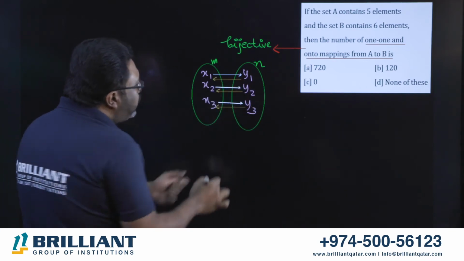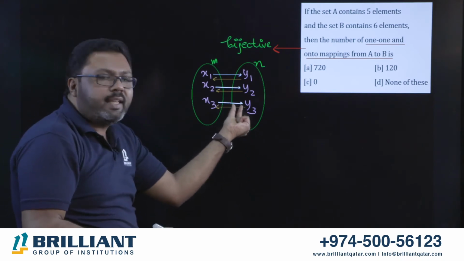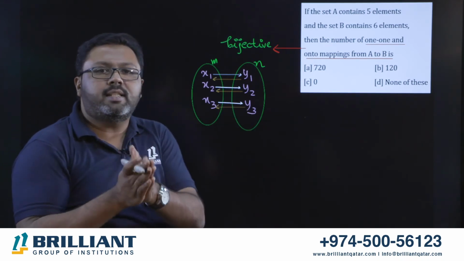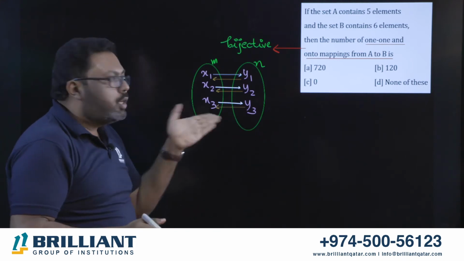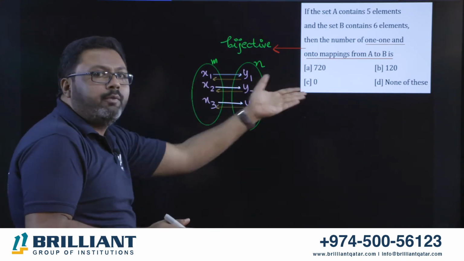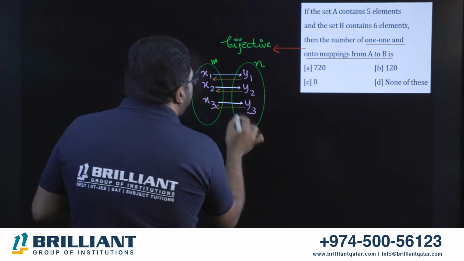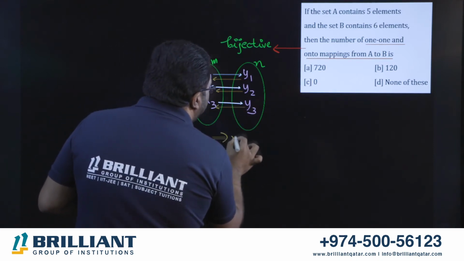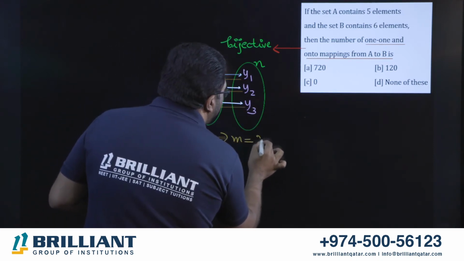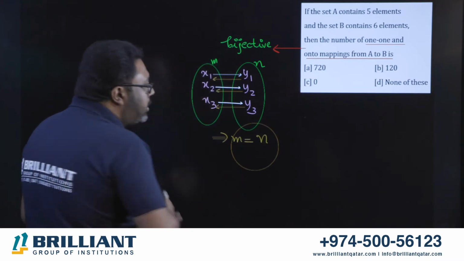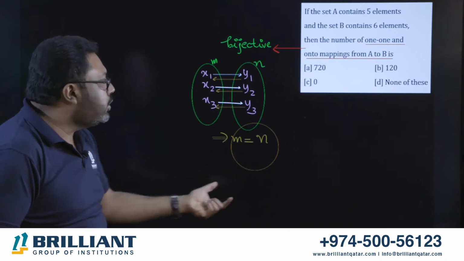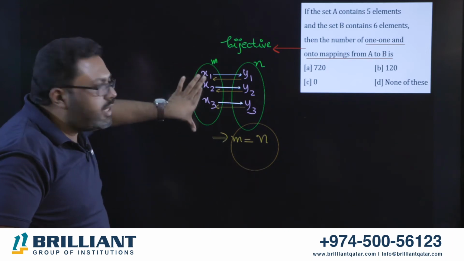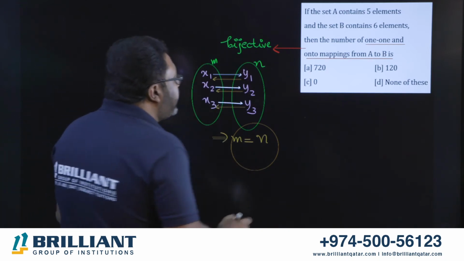That is, there should not be an element in the codomain which does not have a pre-image. If there is, then it is not onto. So both of them should hold. So can I say that implies m should be equal to n? What is the condition for a bijective function? The number of elements in the first set should be equal to the number of elements in the second set.